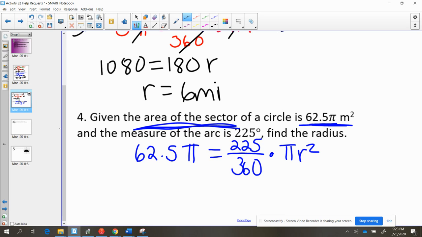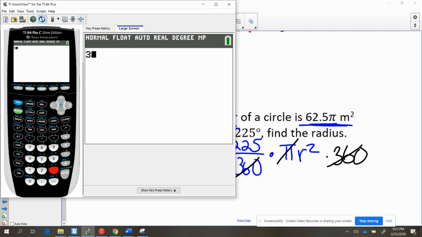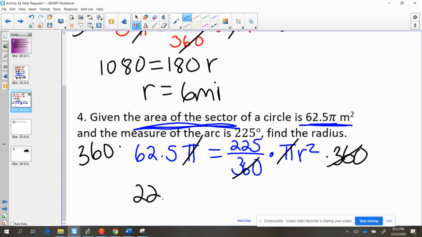All right. As before, divide both sides by pi so they cancel. Multiply both sides by the 360 so we can get rid of that division. So we're going to take 62.5 times 360. We get 22,500.